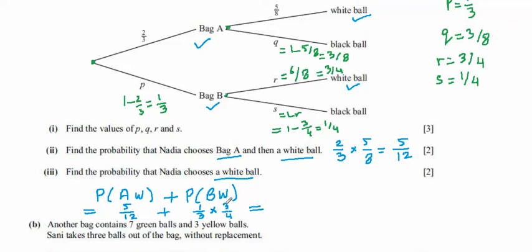So total will be 3 plus 5, 8 over 12, which means 2 over 3. So this is the answer for the last part, 2 over 3. Okay.